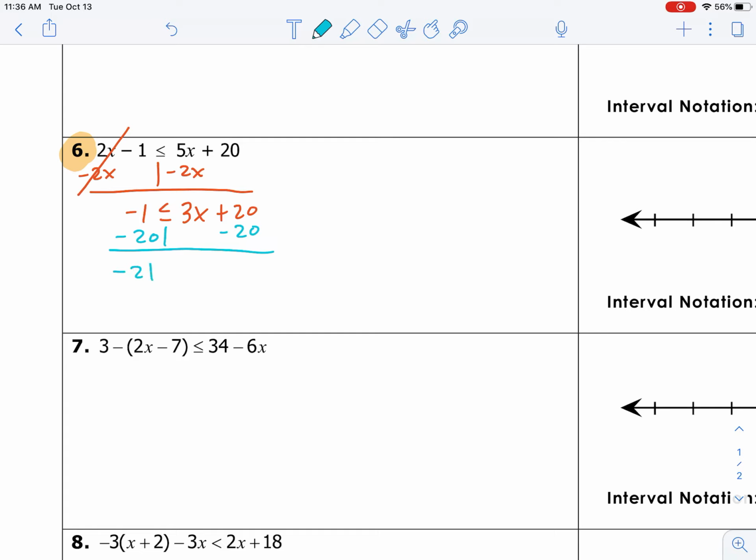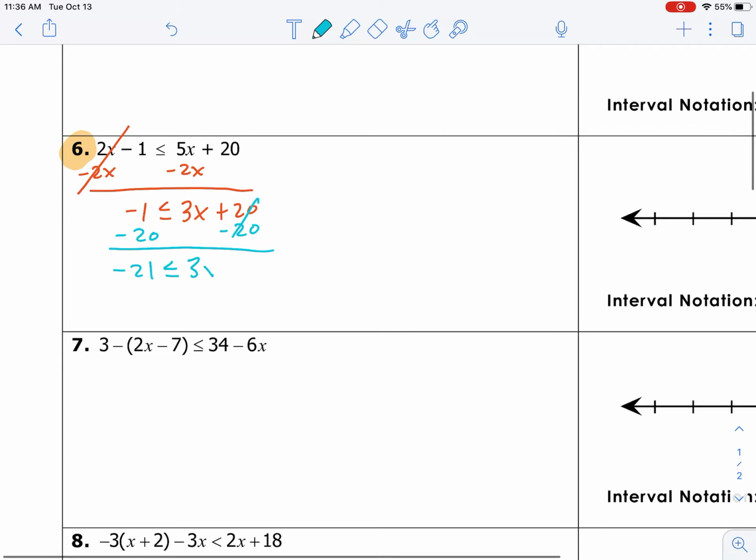Negative 1 minus 20, negative 21, is less than or equal to 3x. From here, in order to solve for x, I have to divide both sides by 3. That means negative 7 is less than or equal to x.